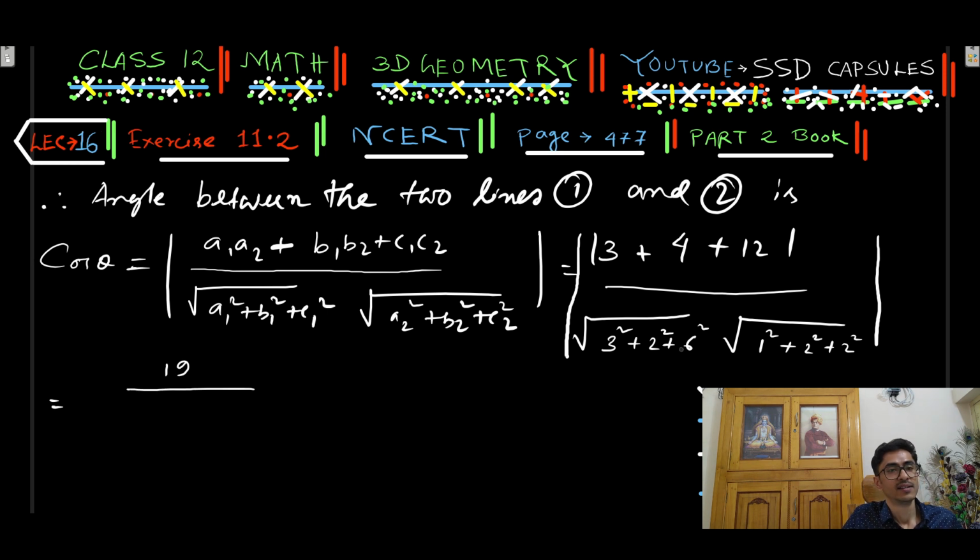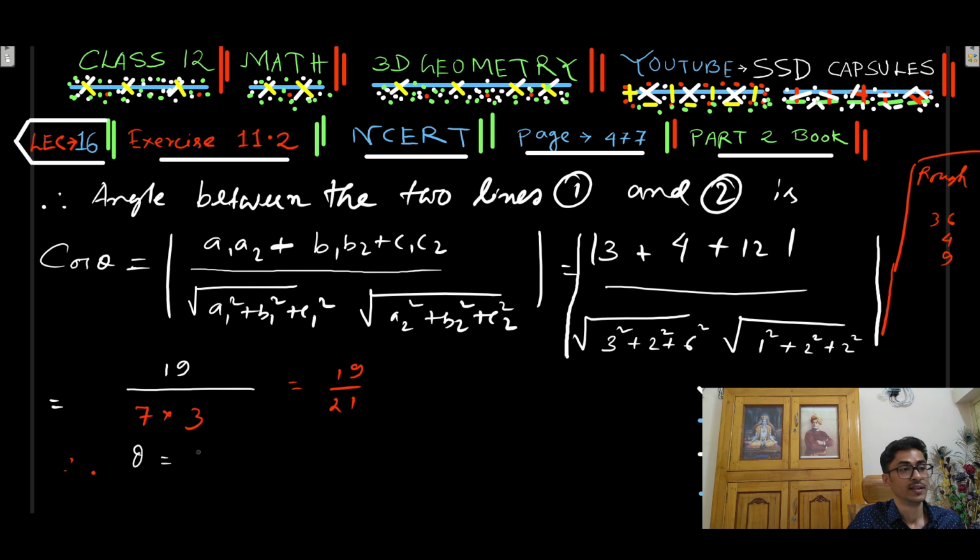And here 9 plus 4 plus 36 is 49, so root over 49 means 7. And here 1 plus 4 plus 4 is 9, so root over 9 means 3. So 19 by 21.